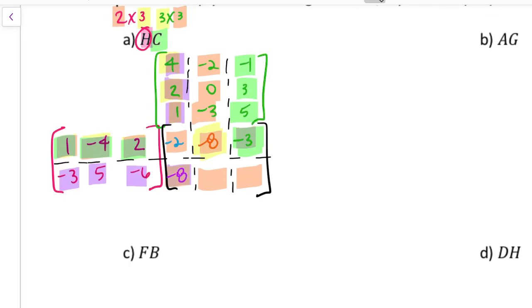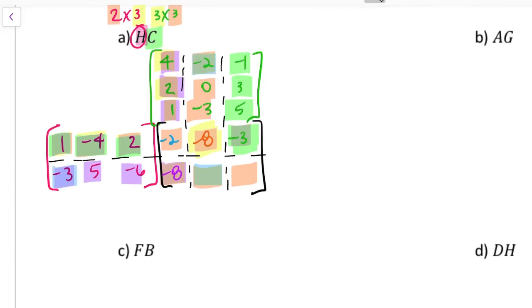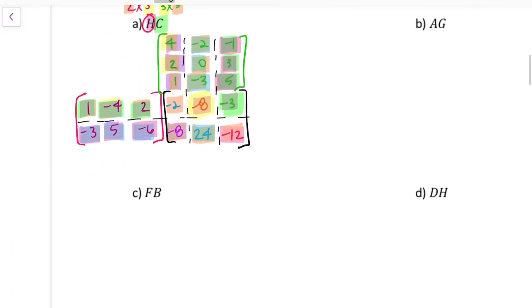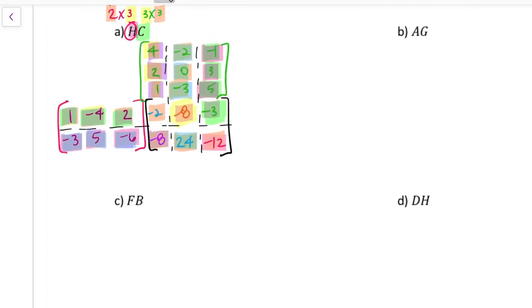Bottom row middle column, we take negative 3 times negative 2 to get 6, plus 0, plus 18. 6 plus 18, we get 24. And then lastly, negative 3 times negative 1 is 3, 5 times 3 is 15, and negative 6 times 5 is negative 30. So then negative 12 will be our last element. Go ahead, do example B for homework tonight, and we will jump into example C.